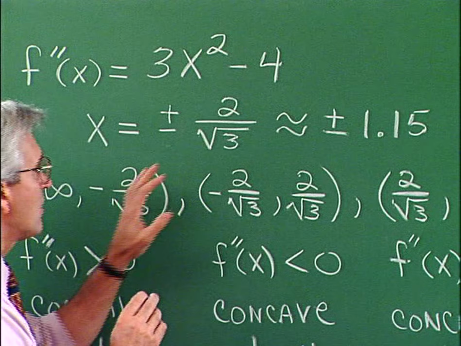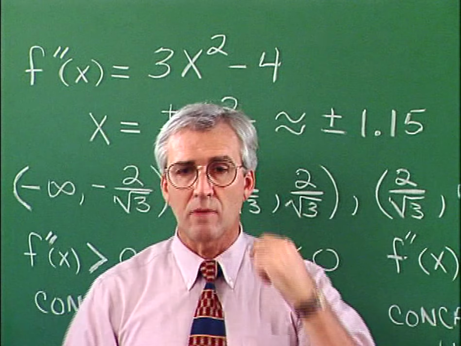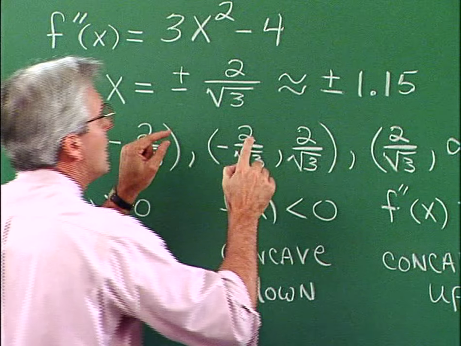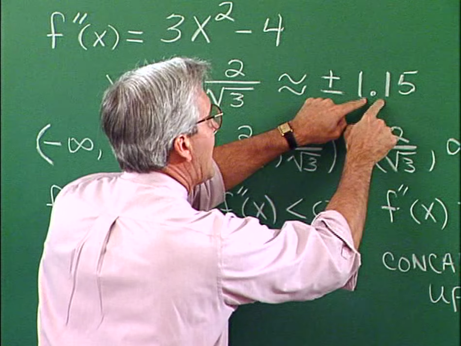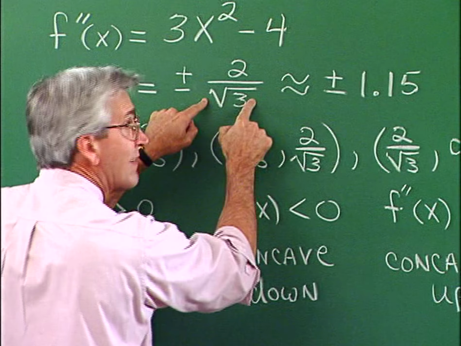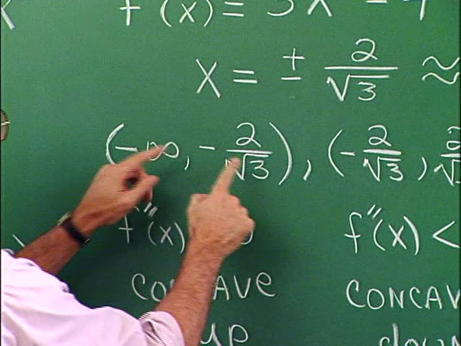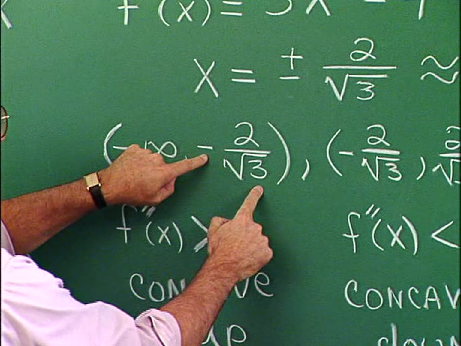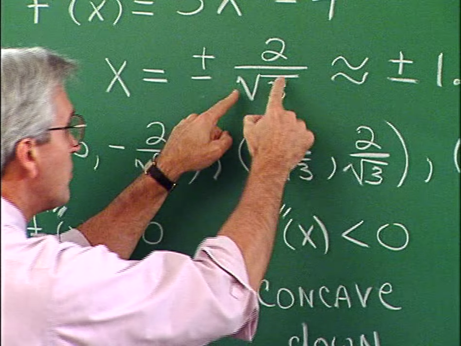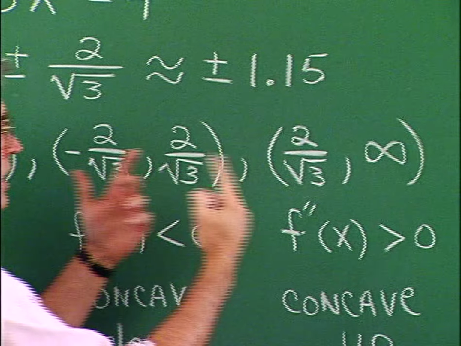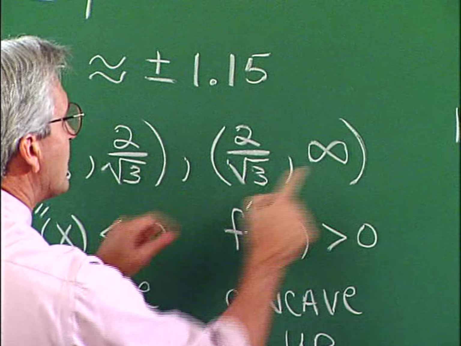Now, we can think about subdividing our graph into intervals determined by these values. Those intervals would be from negative infinity to -2 over the square root of 3, then between -2 over root 3 and 2 over root 3, and then another interval from 2 over root 3 to infinity.